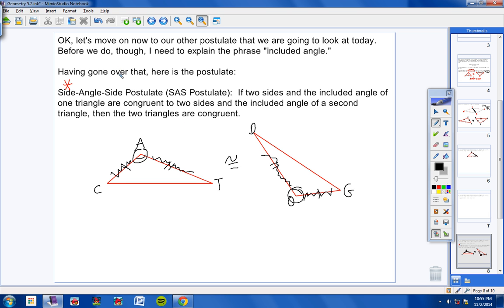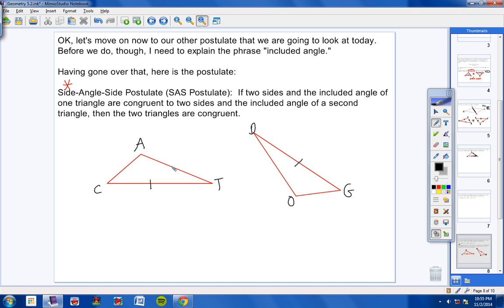Now, having showed you this, and please take some really good notes on this, watch this for a second, please, guys. Look, don't get confused. If I told you that this side here was congruent to this side right here, okay?